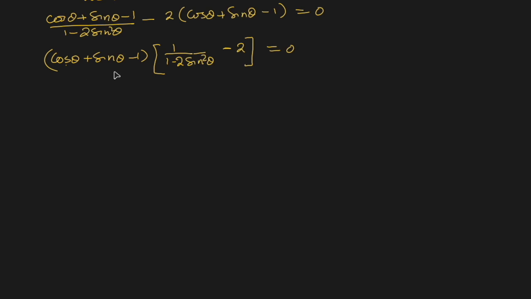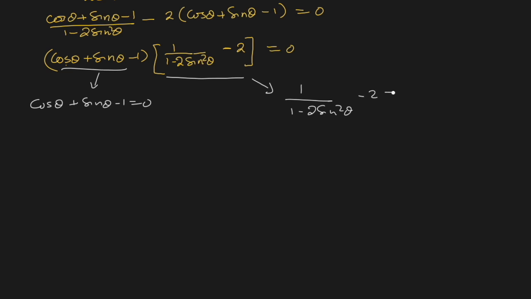This part and this part are multiplying and their multiplication is equal to 0. That means either cos theta plus sin theta minus 1 is equal to 0, or 1 over 1 minus 2 sin square theta minus 2 is equal to 0. This becomes two situations, it will give us the answer.